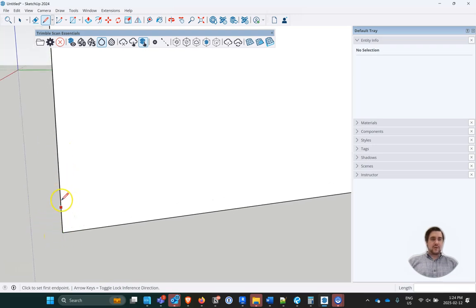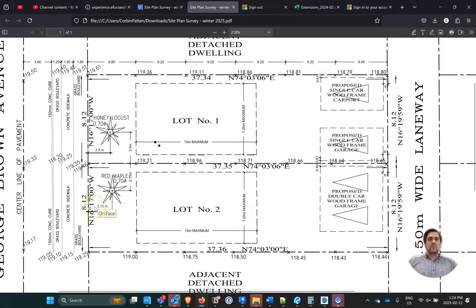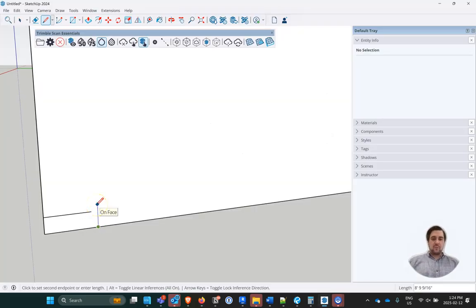I'm kind of losing my bearing here. Okay, where is my 6 meters? So here's my 6 meters. So this one would be 1.36. So let's go up 1.36 meters.